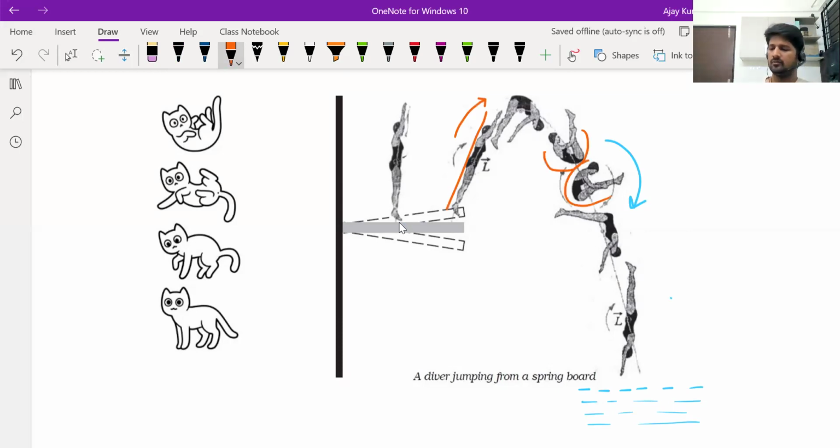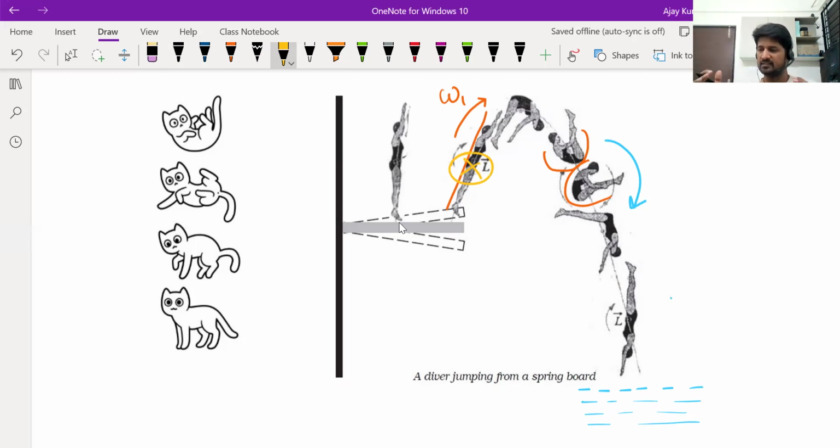So basically what the diver is doing, when the diver jumps off, initially let's say the angular velocity is omega 1. And imagine an axis passing through the center of mass of the diver somewhere here. Initially the diver is straight. That means the mass is at a large distance from the axis of rotation.